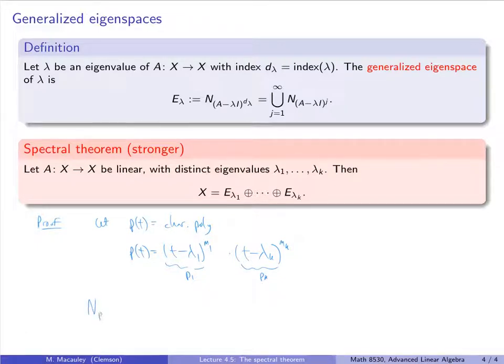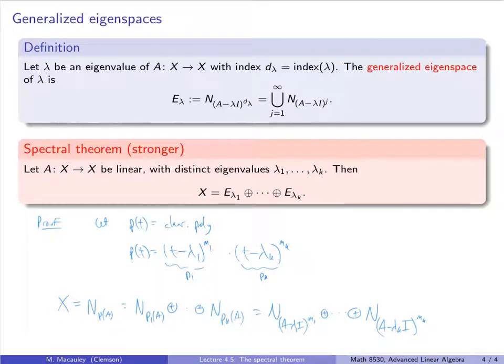Then the null space of P of A, which I've already explained is X because that's the null space of the zero map, is the null space of P1 of A, direct sum, up to the null space of Pk of A. So this, of course, is the null space of (A minus lambda 1 I) to the m1 plus up to the null space of (A minus lambda k I) to the mk.